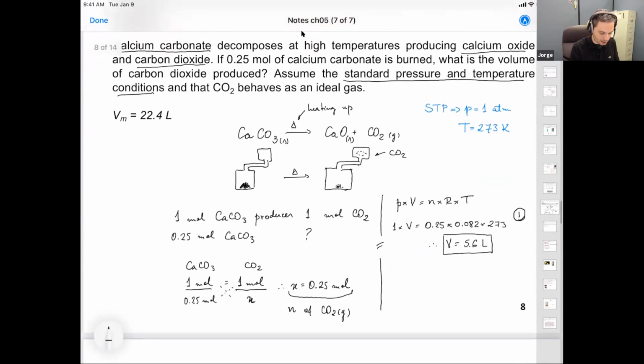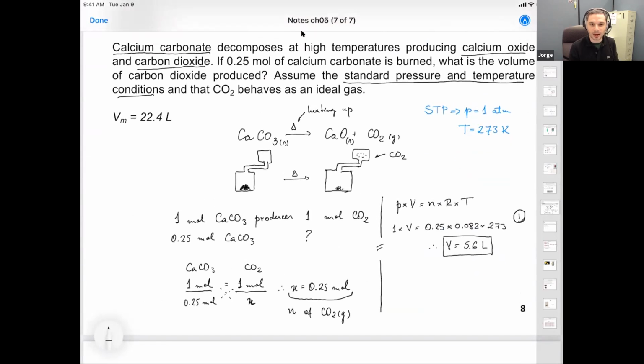So we can use this conversion factor because we are working under STP. Okay? So 1 mole of CO2 is equal to 22.4 liters. So this is basically a conversion factor.